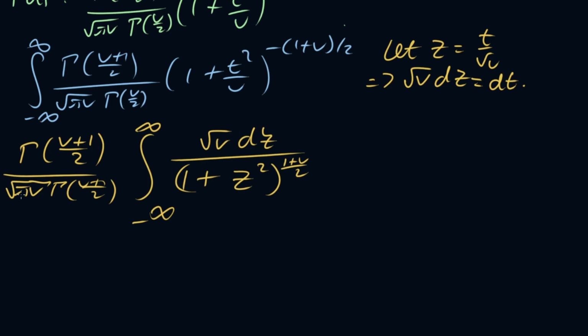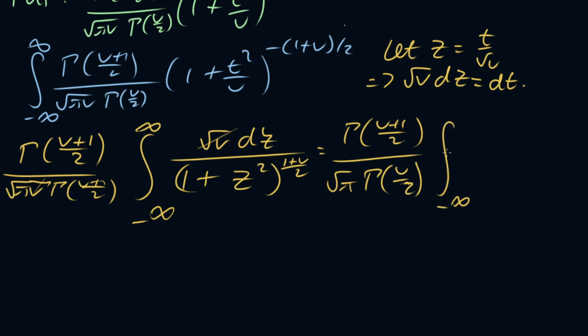So what we can do now is cancel the root v with the v here to get gamma of (v plus 1) over 2 over root pi gamma of v over 2.